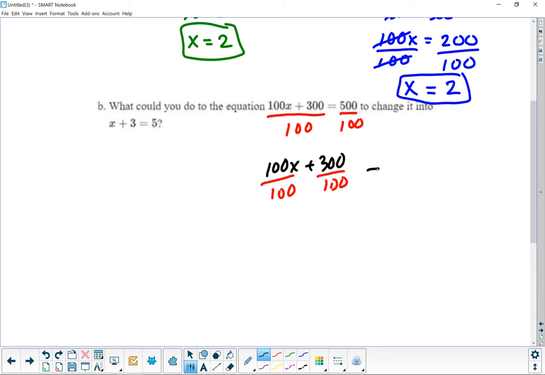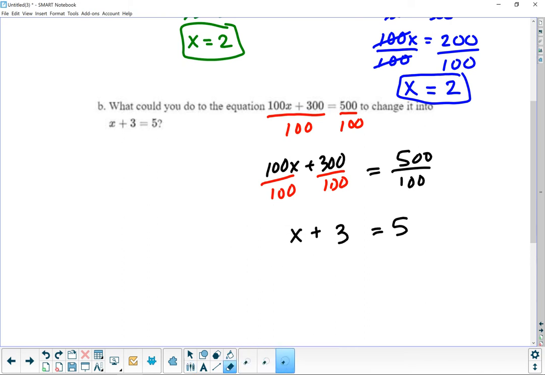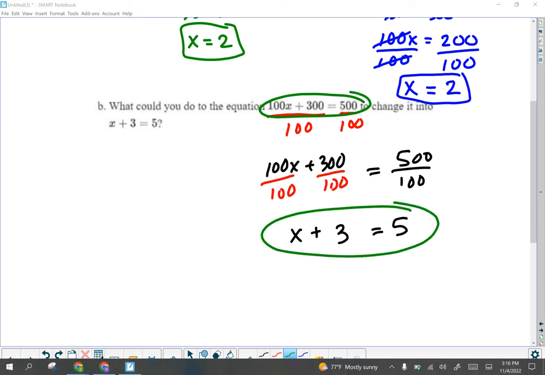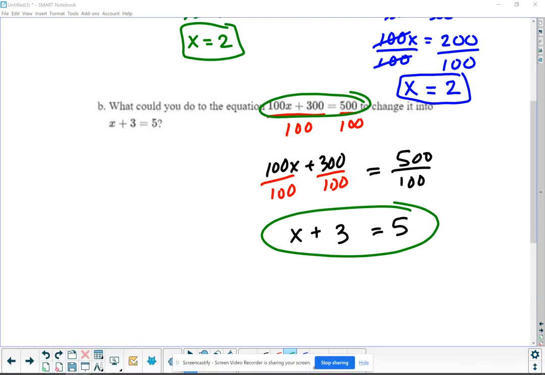On the right hand side, we get 500 divided by 100, and that's going to simplify down to 5. 300 divided by 100 simplifies down to 3, and 100x divided by 100 simplifies to 1x, or if you like it better, just x. So yes, we can totally change this equation 100x plus 300 equals 500 to x plus 3 equals 5. Okay, that's your homework.